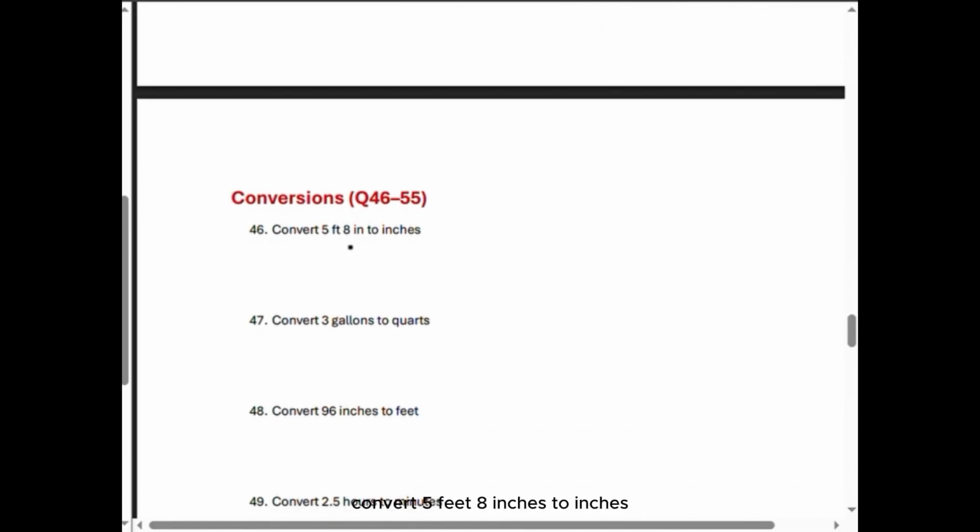Convert 5 feet 8 inches to inches. So you already have 8 inches. So you just need to look for the 5 feet, then add it to the 8 inches, right?